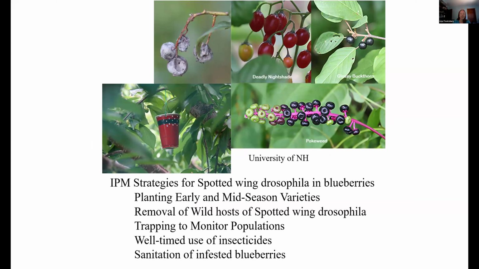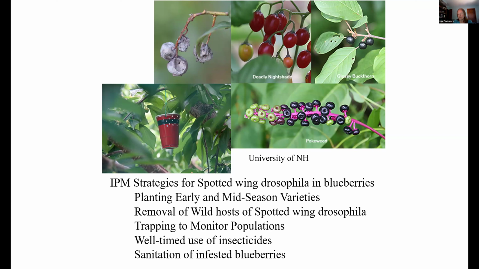But this one, this invasive species, spotted-winged Drosophila, the female has an ovipositor that has a little bit of a saw blade on it. And so the female is able to infest fruit that's just becoming ripe. And so it's more of a problem for blueberry growers.